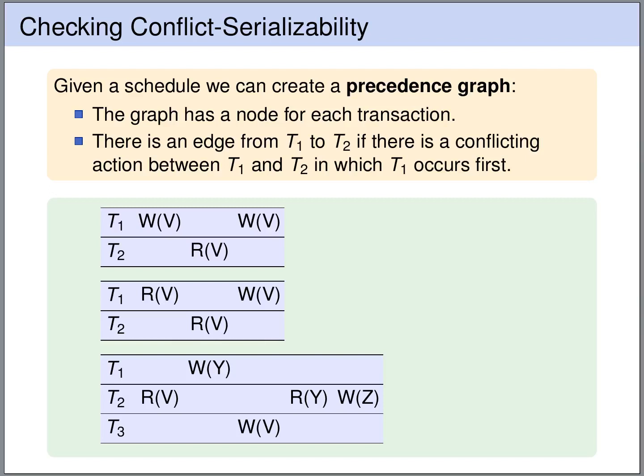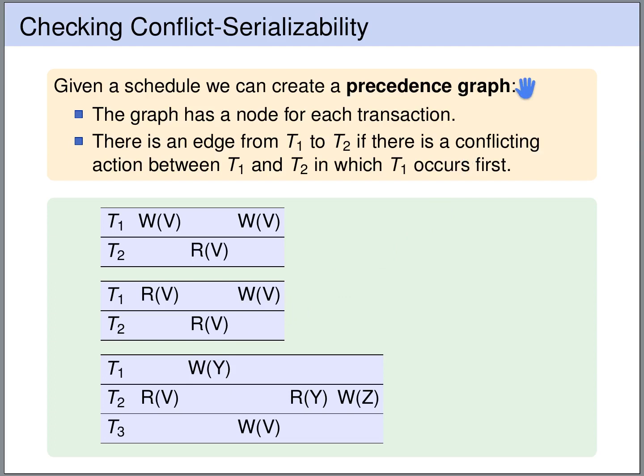On the last slide, we've used a reasoning of the form: because we have conflicting actions between T1 and T2, and the conflicting action of T1 appears first, if there is a serial schedule that is conflict equivalent to the given schedule, then in the serial schedule, T1 must appear first. And this kind of reasoning is made precise by what is called a precedence graph.